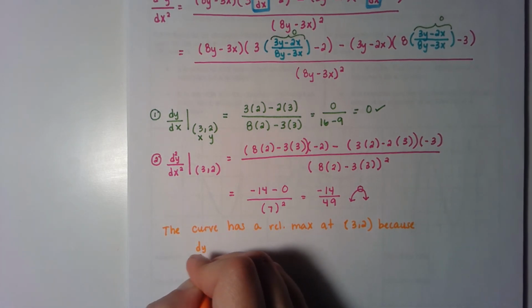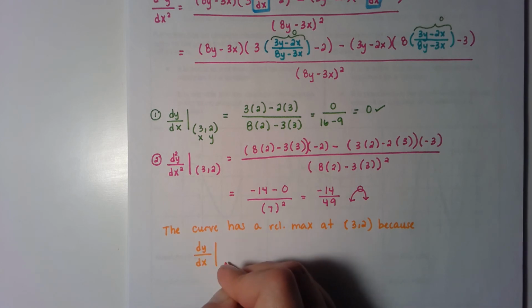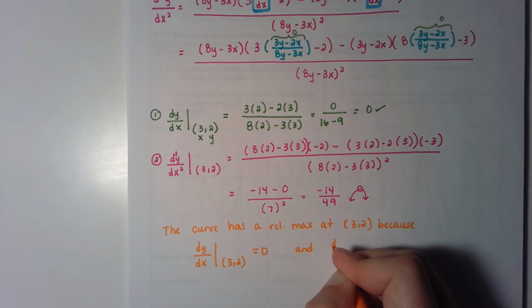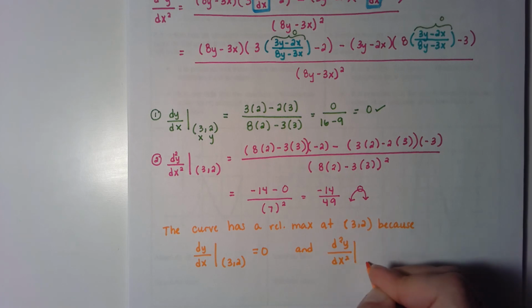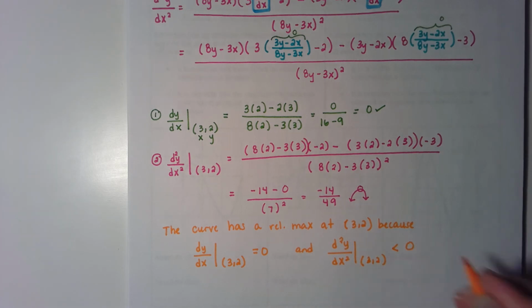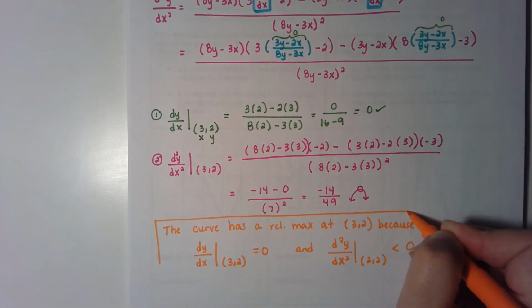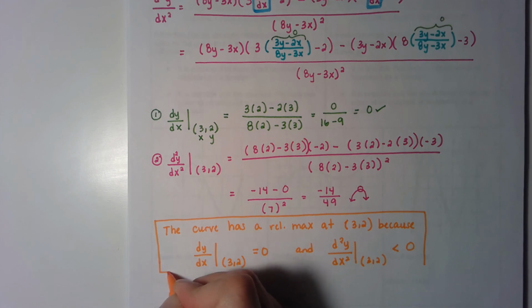The first derivative evaluated at 3, 2 is equal to 0, and the second derivative evaluated at 3, 2 is less than 0. It's negative, and so we're going to have a relative max, and that's using the second derivative test.